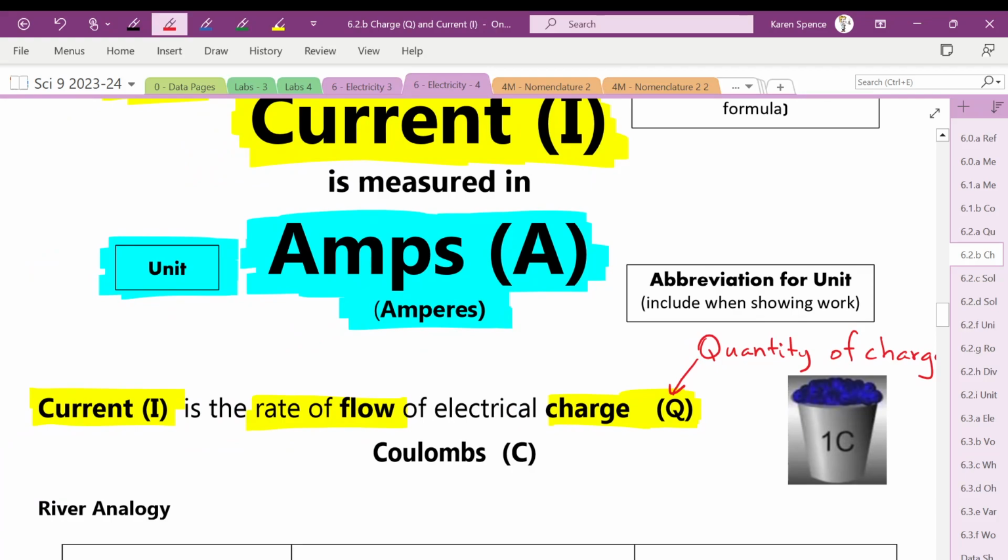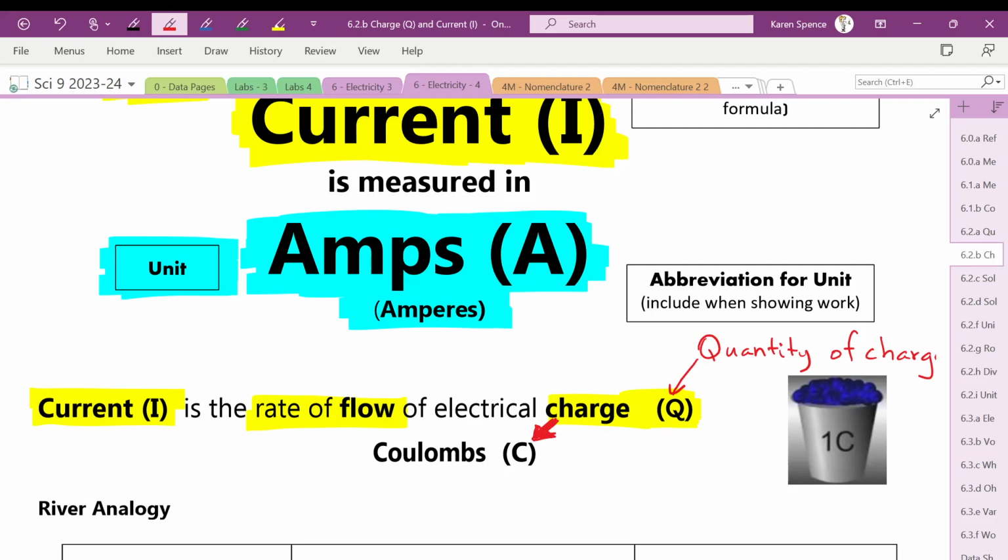And charge is measured in coulombs, and coulombs has a sensible abbreviation, C. So the units have good abbreviations. Coulombs, C. Amperes, A. The quantities have weird abbreviations. Charge is Q. And current is I.